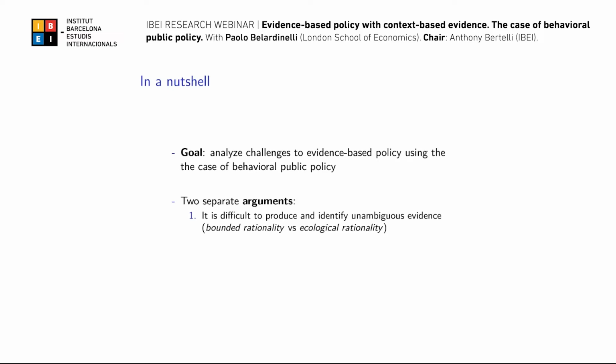One is that it's difficult to identify evidence without any ambiguity in the first place. To do that, I will compare two different theoretical approaches: the bounded rationality approach, which is mainly used in behavioral studies, with the ecological rationality approach, to argue that the same factual observations can be interpreted differently depending on the theoretical premises.